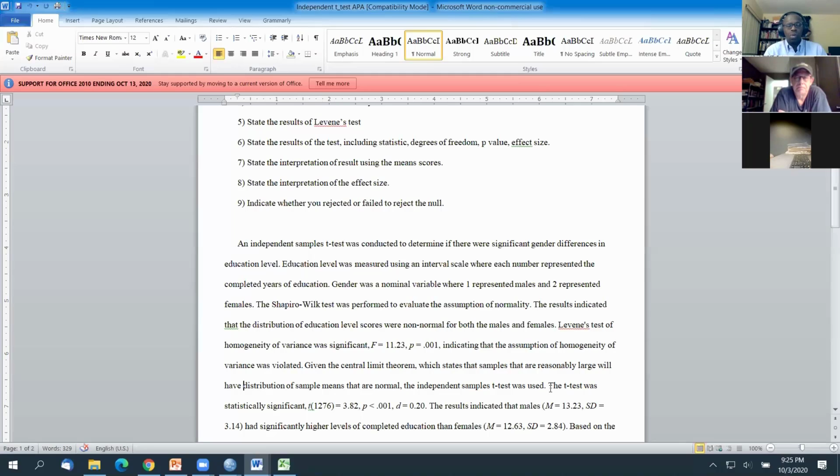Even if they don't look normal, the distribution of sample means is going to be normal. Does that make sense? Okay. If that makes sense, type in a 1. If it doesn't make sense, type in a 0, and I will try to explain it differently.